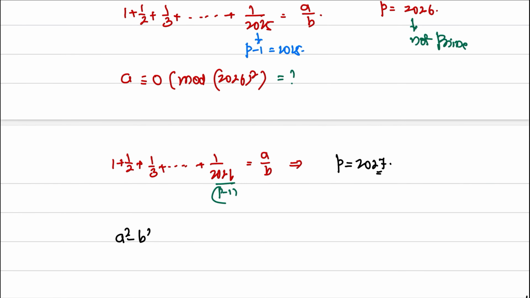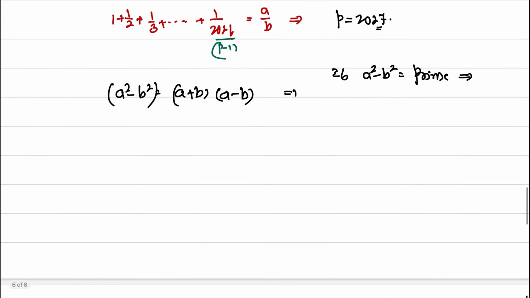Applying this also, we can find out whether a particular number is prime or not. If a square minus b square is equal to a prime, then what happens?